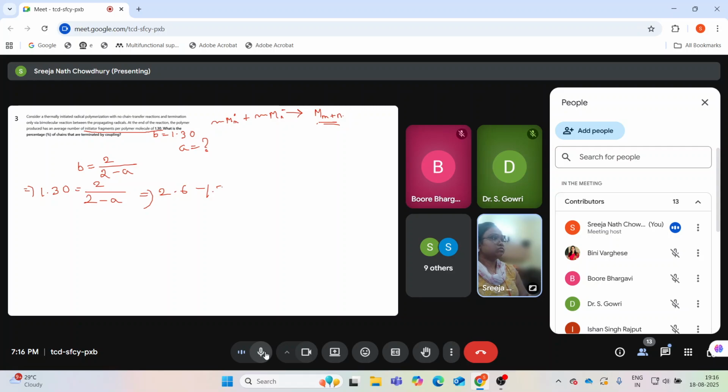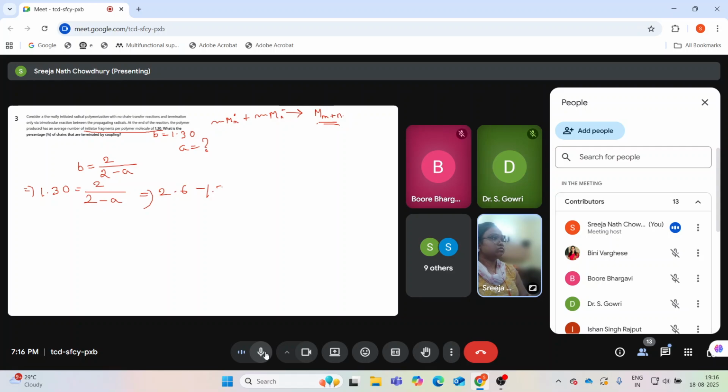We know the monomer radical concentration is equal to root over of Ri by 2 Kt. Now we first have to calculate Ri.